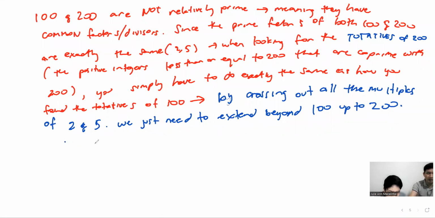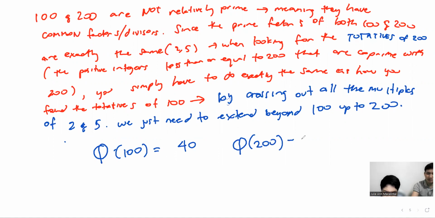Thus, when we cross it out like that, the totient function of 100 is 40, then the totient function of 200 is 2 times 40, which will be 80.